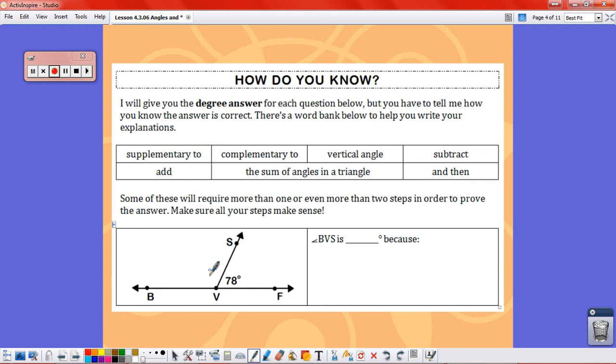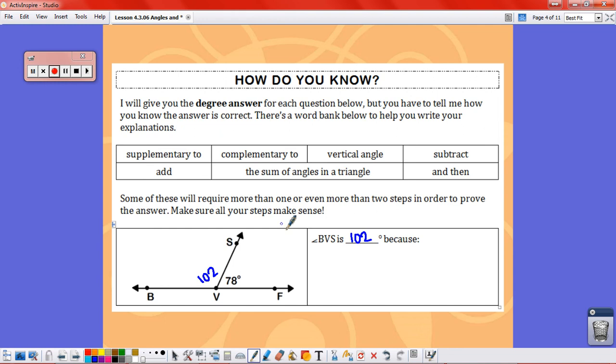So for example, here we have 78 degrees, and this would be 102 degrees. BVS is 102 degrees because I would stop here and have students answer, why is that true? They have to be able to explain it. If you're doing this at home, this would be a good time to pause the video and allow students to figure it out and then put the video back on to check.